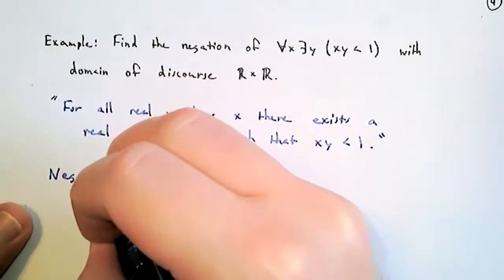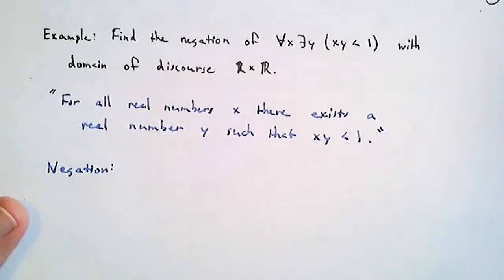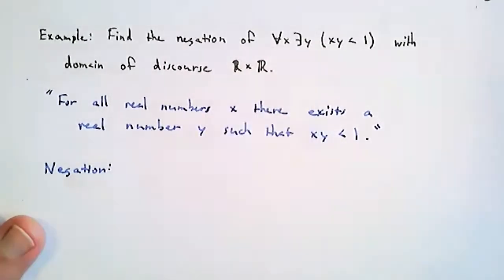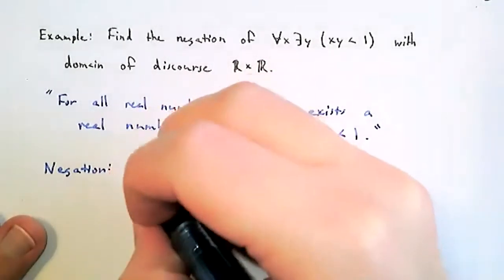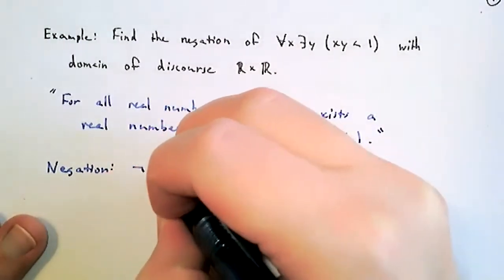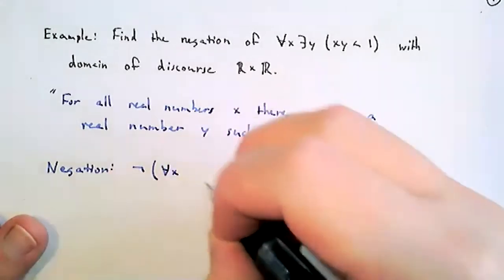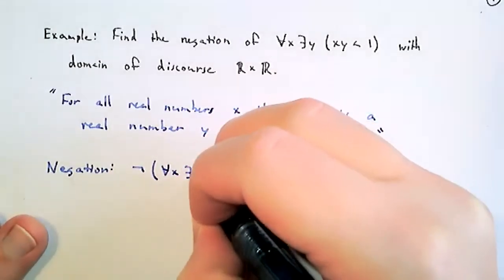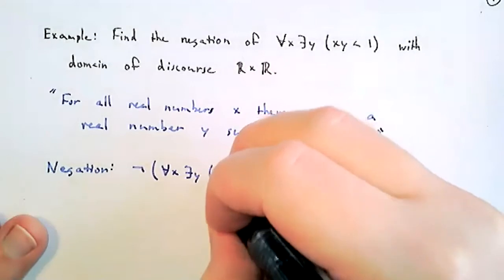So what I want to think through on this example is the negation of this. So put a negation symbol on the outside, and then copy down the proposition.